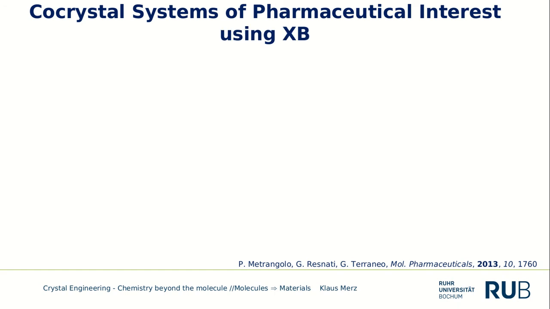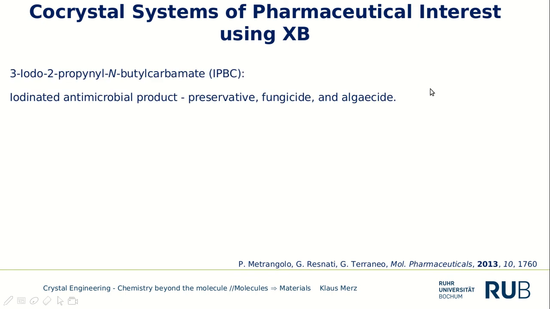Now I will show you a successful co-crystallization experiment using halogen bonding. Yes, also possible. Once again, you see here one of the big guys. Halogen bonding. We are talking of IPBC, 3-iodo-2-propynyl butylcarbamate.